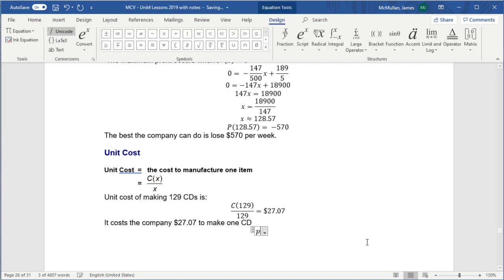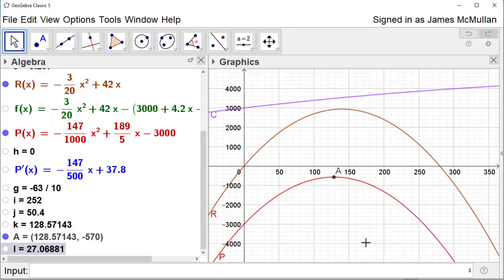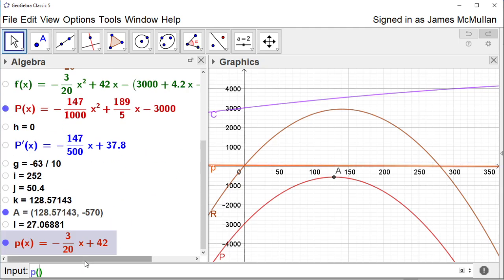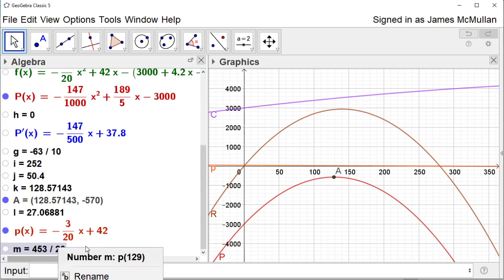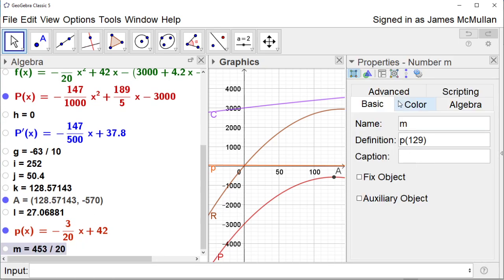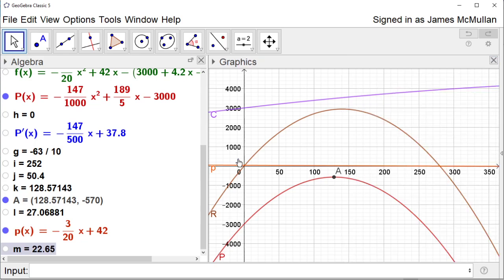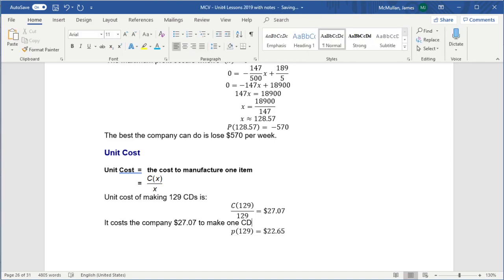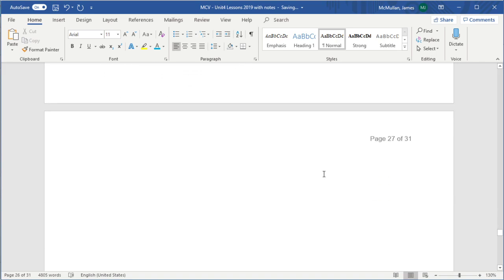If we do lowercase p of 129, where the lowercase p of x function here is negative 3 over 20 x plus 42, we get 22.65. So they're selling them for $22.65, but they're making them for $27. So they're losing about $5 per sale, give or take.